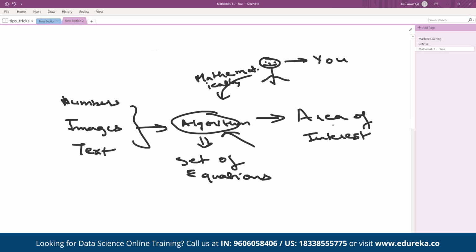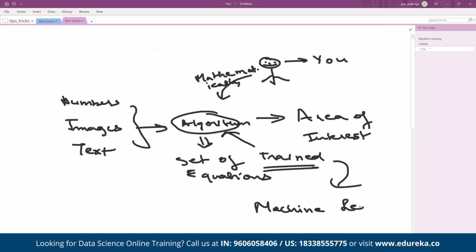Once this algorithm is trained, this is known as machine learning. You have made an algorithm learn that from the given text, images, or numbers, this is my area of interest. Please learn that. The algorithm will solve the set of equations and get itself trained. This phenomenon is basically known as machine learning.